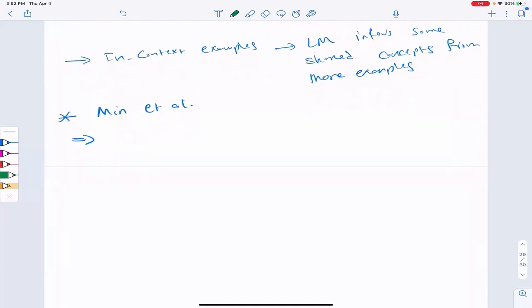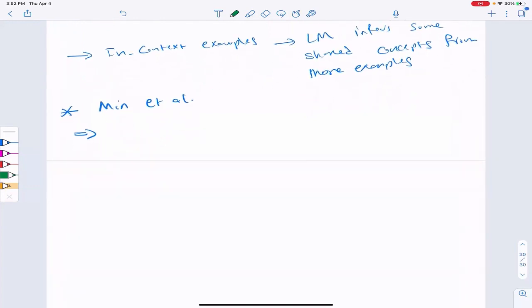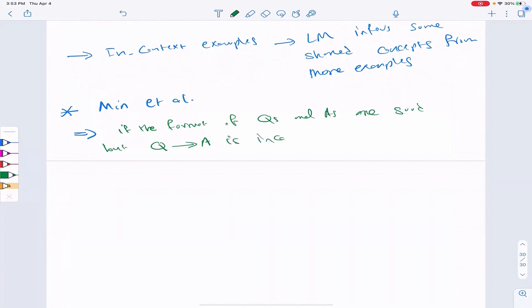Basically, they say if the format of questions and answers are good, but the pairing of question and answer is incorrect, you still see improvement in performance by providing such incorrect question answering examples, but with proper marginal distributions for questions and answers.